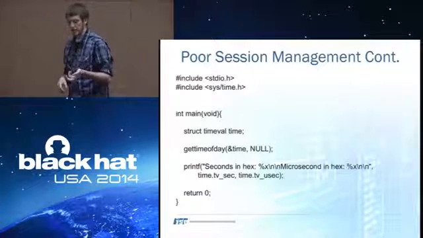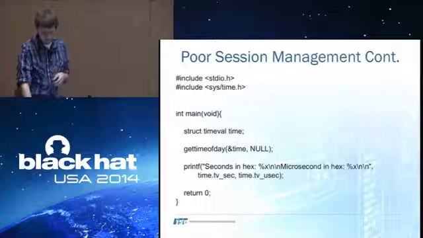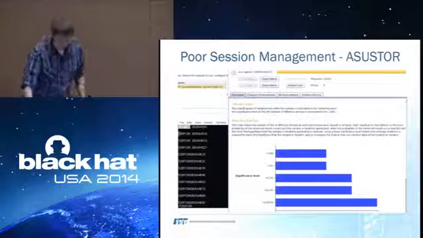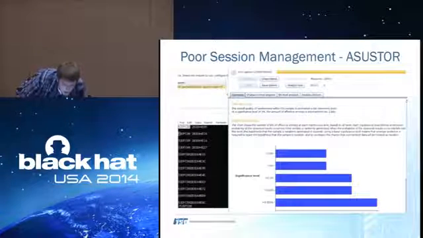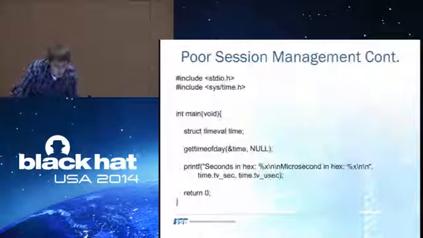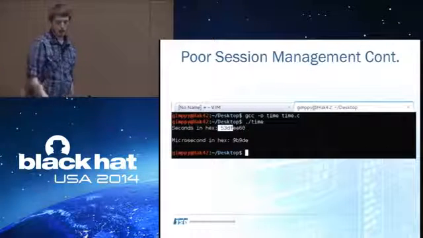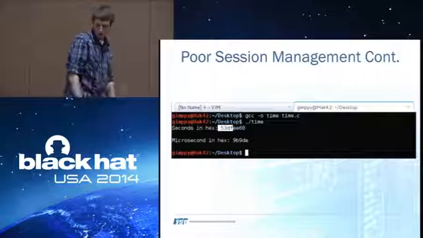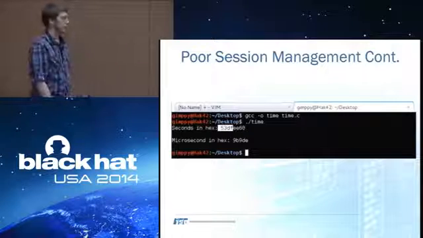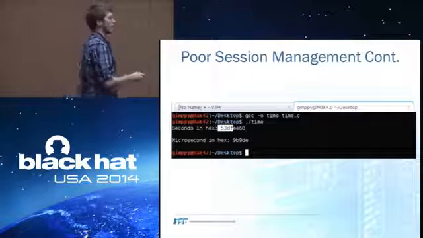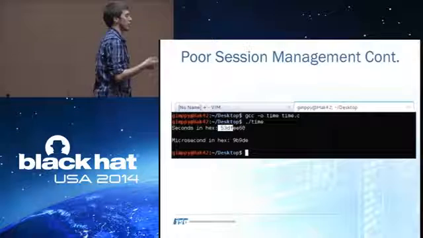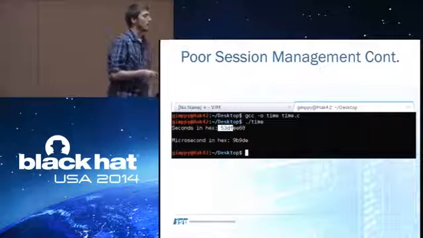We're then going to print the seconds and the microseconds. So if you guys remember from up here, the first bytes being 53df, once we compile it with GCC and run it, the seconds, the first part of it is 53df. So already with this information, we know that they're creating these cookies based off of time.